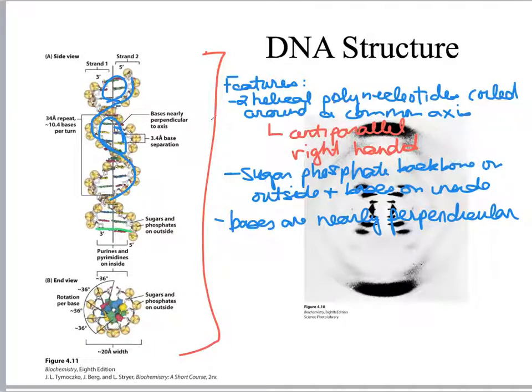Here are the bases, and we see that they're almost perpendicular to this line that runs through the axis of the helix. The bases are separated by 3.4 angstroms, and the helical structure repeats every 34 angstroms.